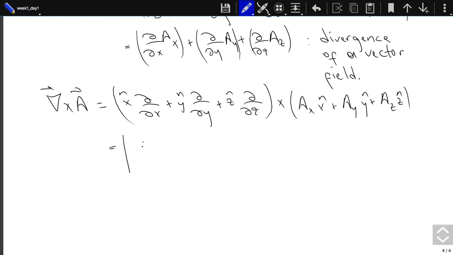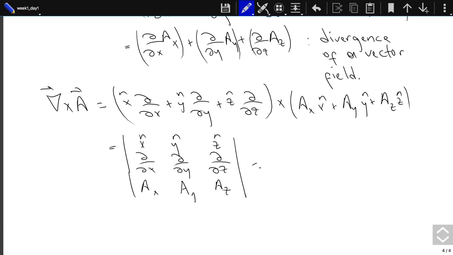Or you can write it in this form: x hat, y hat, z hat, del by del x, del by del y, del by del z, ax, ay, az. This is equal to, in the x hat direction, the derivative of az with respect to y minus the derivative of ay with respect to z, minus in the y-hat direction.